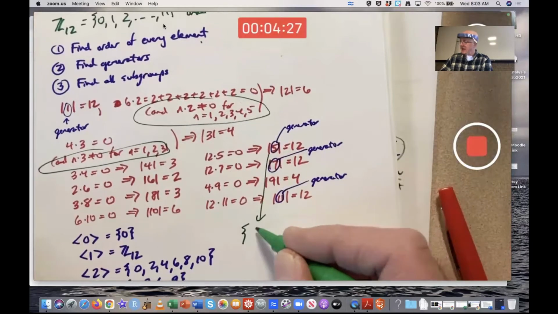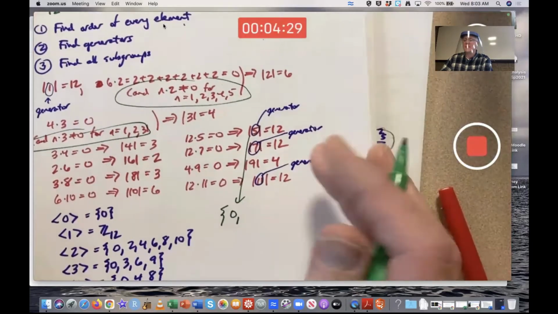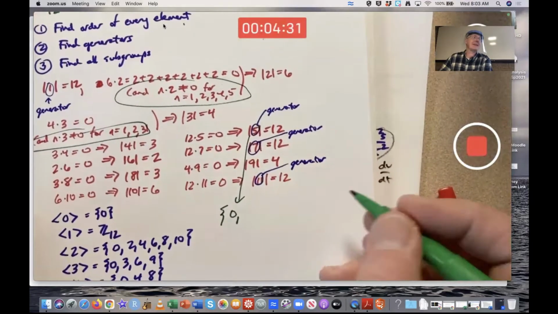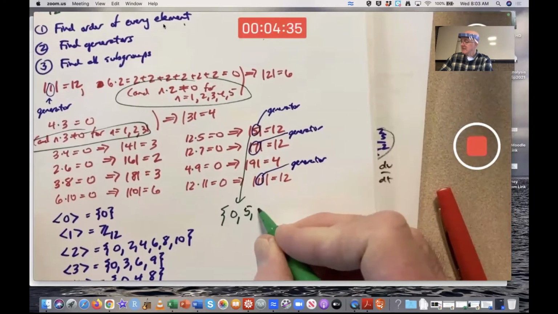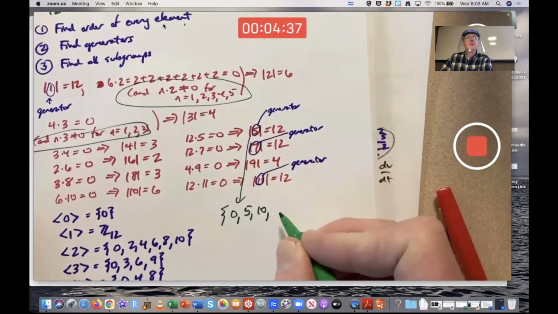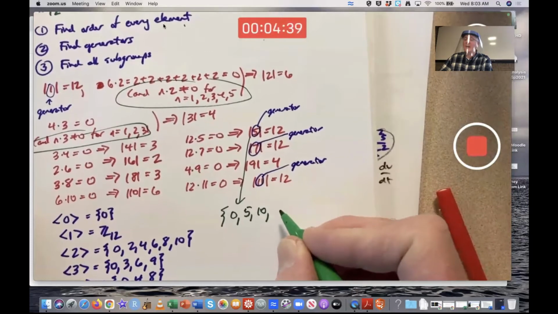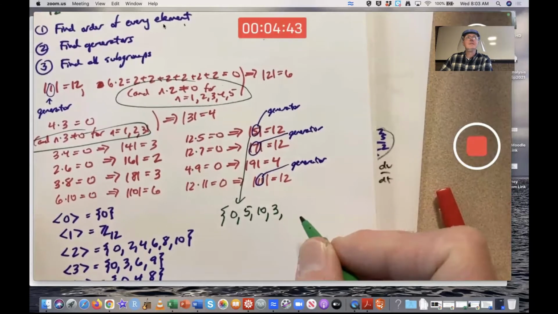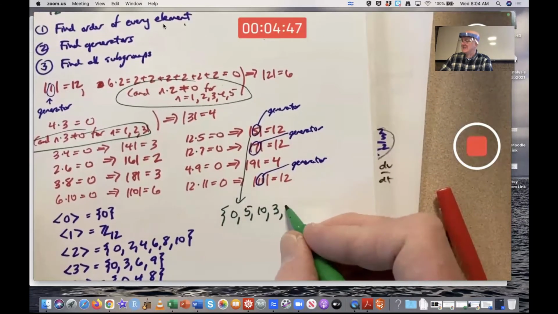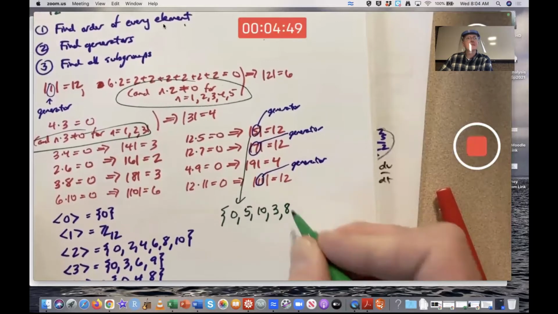For example, if we do it with 5, let's go ahead and take the time to do so. Well, 0 times 5 is 0. I'm writing 0 first. I could have written it at the end. 1 times 5 is 5. 2 times 5 is 10. 3 times 5 is 15, mod 12 is 3. 4 times 5 is 20, mod 12 is 8.